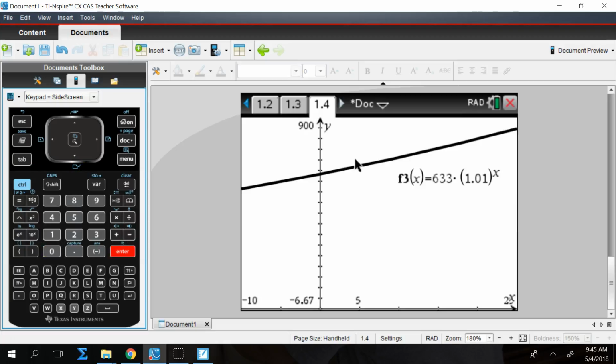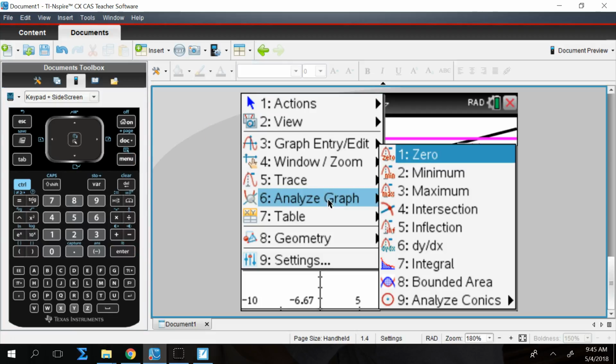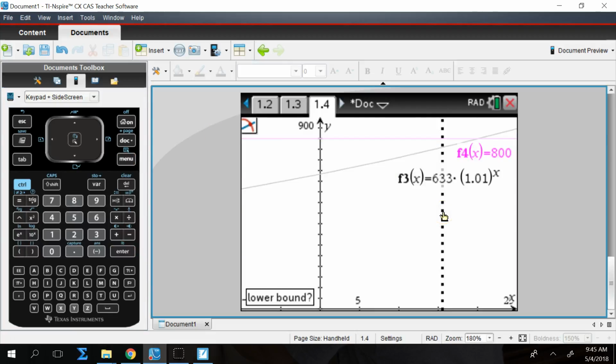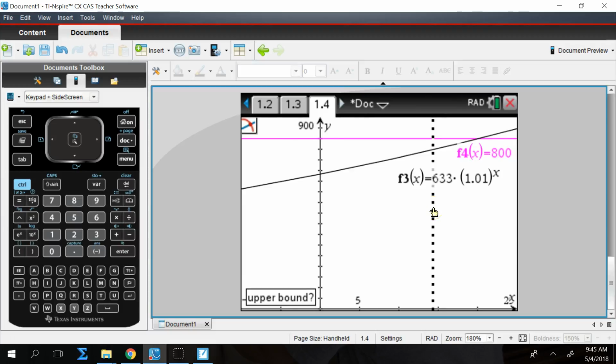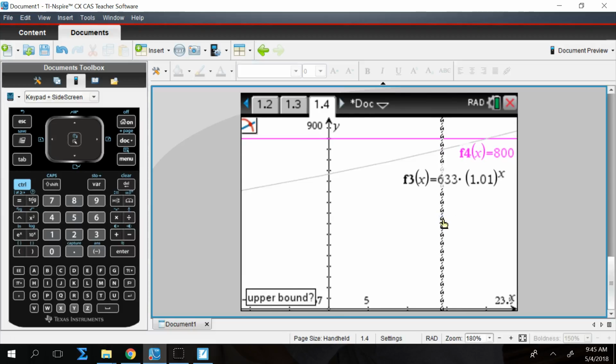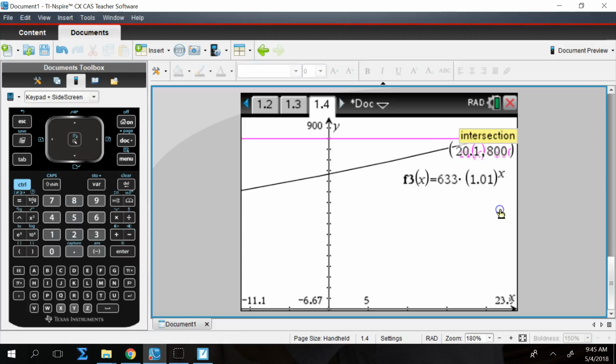Okay, so there it is. And then I want to put in one that says 800. And there it is. And then I want to find my intersections. There it is. So that got me 20.1.